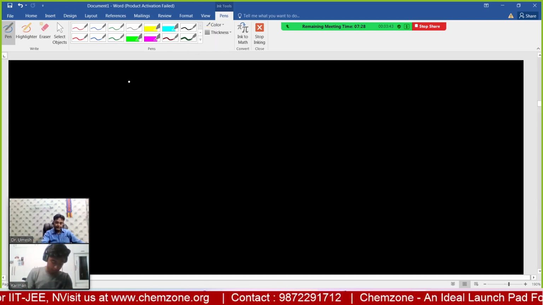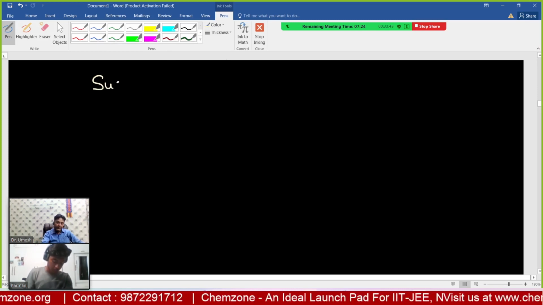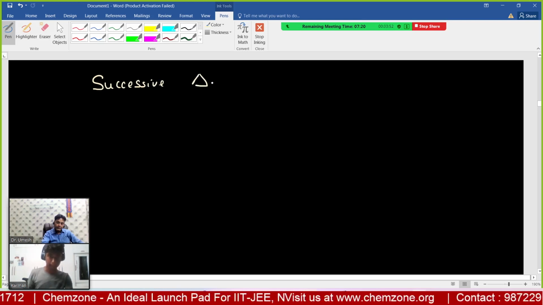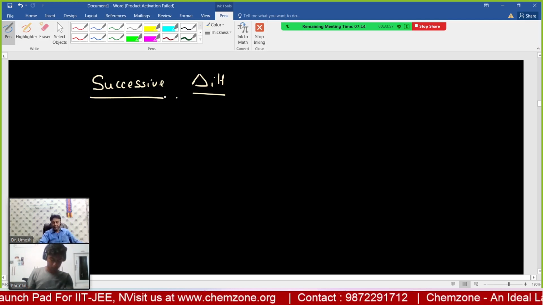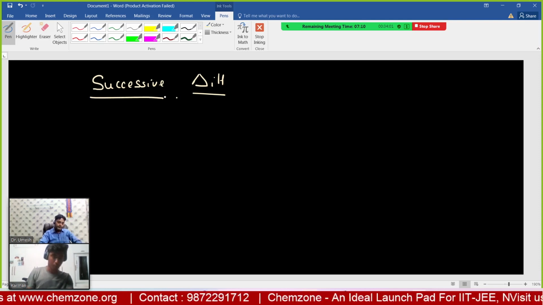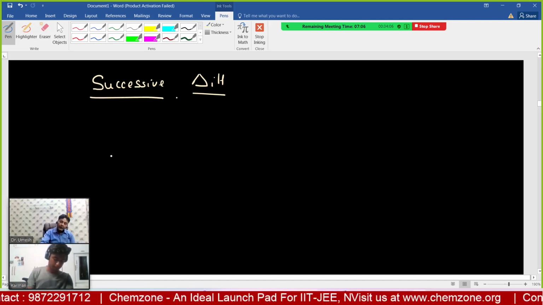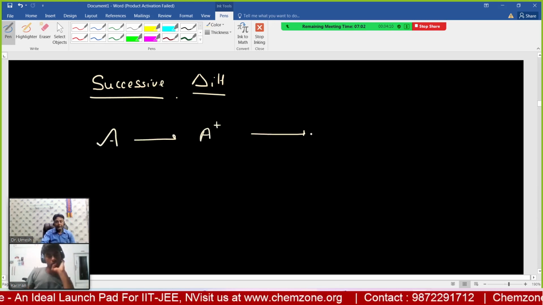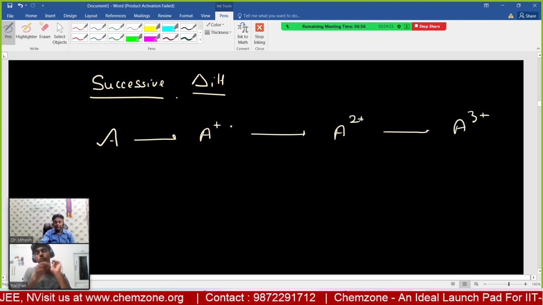Next, add on: successive enthalpy of ionization. Successive means after loss of one electron, I am now removing the second electron or the third electron.